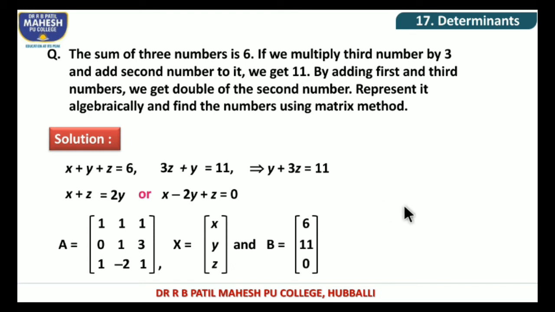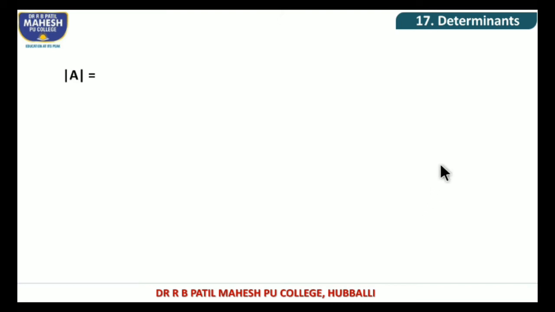Now we can solve this by using the matrix method. Find the determinant of A, with rows 1, 1, 1; 0, 1, 3; 1, minus 2, 1. By expanding along the first row, we have the signs plus, minus, plus.